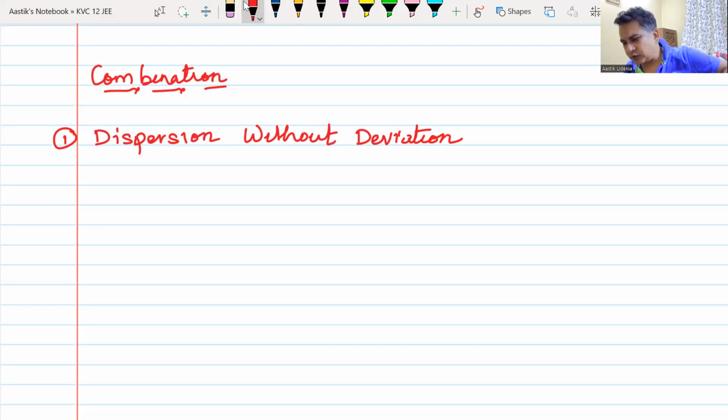If this is the name of the first combination, what will this combination do? It will be a combination of two prisms. What will this combination do? Just tell me.